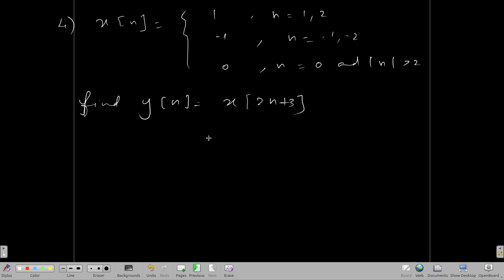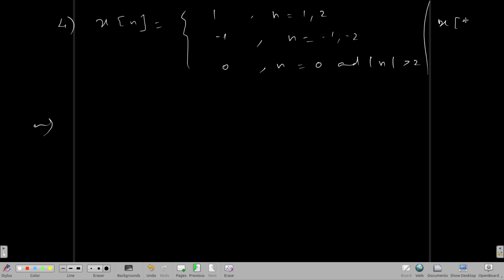Okay, let's first do shifting, right? So we have to find x of 2n plus 3. That is what we have to find. So our first thing is shifting, right? So we have to find x of n plus 3. So x of n plus 3, how do we do this?